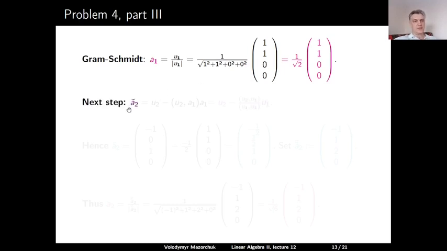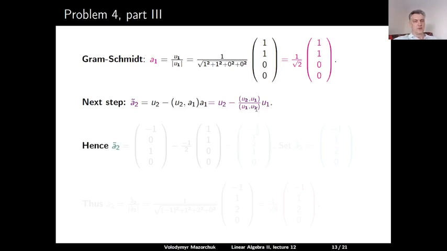In the next step, we look at the auxiliary vector a2 tilde. This is u2 minus a1 with the coefficient, the scalar product between u2 and a1. Since a1 is u1 divided by the length of u1, we can rewrite it as u2 minus u1 with the coefficient, the inner product of u2 and u1, divided by the inner product of u1 and u1.